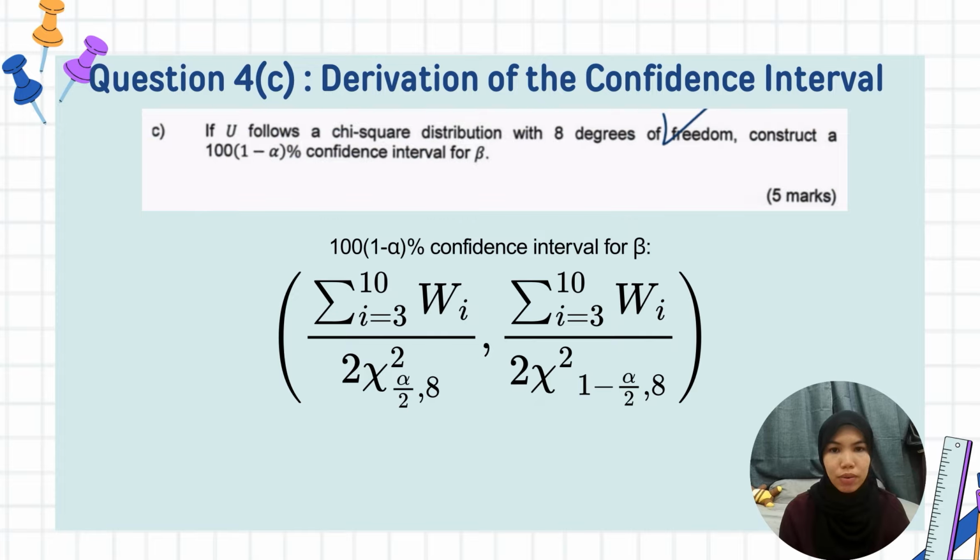From the upper bound on the right, we take that exact same sum and divide it by 2 times chi-square 1 minus alpha over 2, 8. Because we flip our fraction to isolate beta, these chi-square critical values naturally swap places, leaving the larger value under our lower bound and the smaller value under our upper bound to give us our final answer.